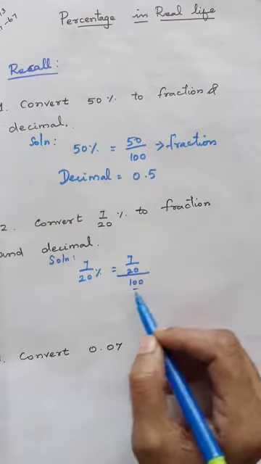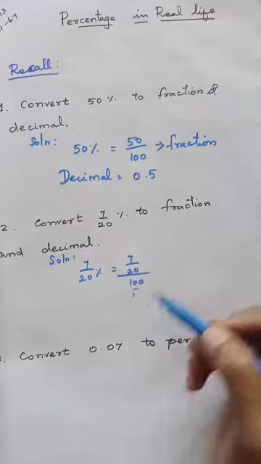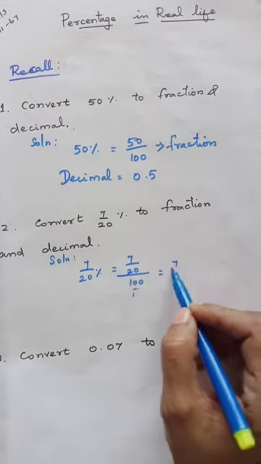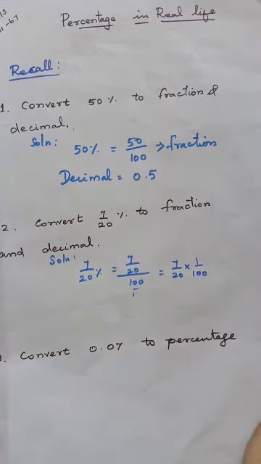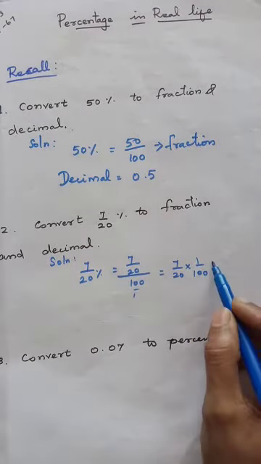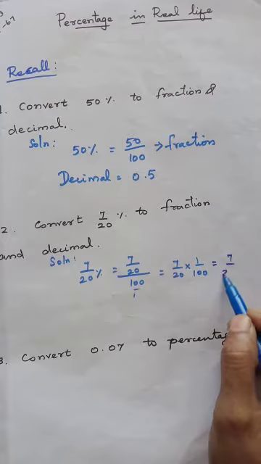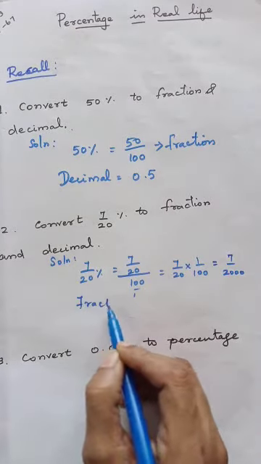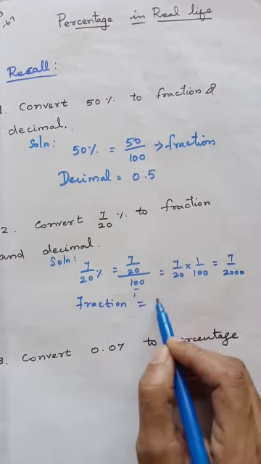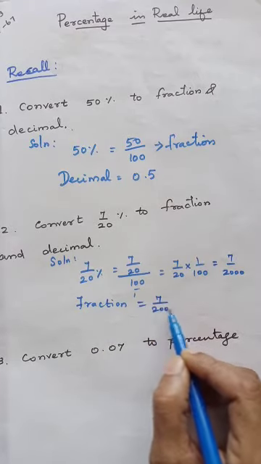Here you have 100 by 1, so the reciprocal of this is 7 by 20 into 1 by 100, which is equal to 7 by 2000. So the fraction is equal to 7 by 2000.